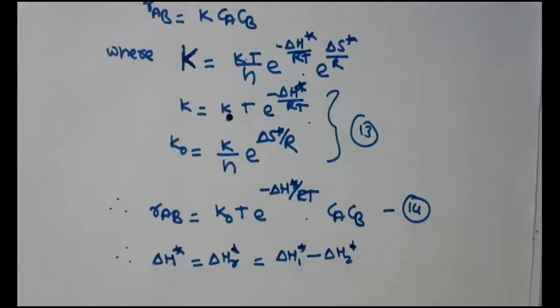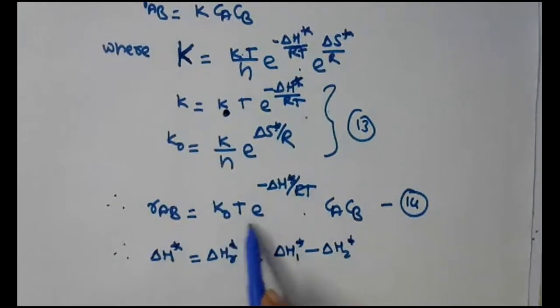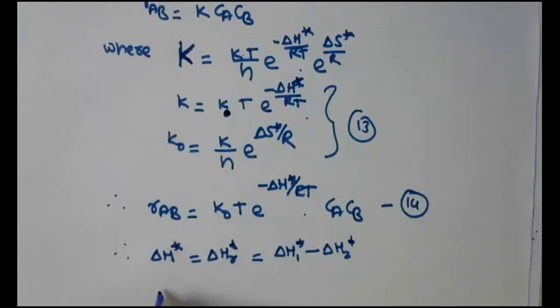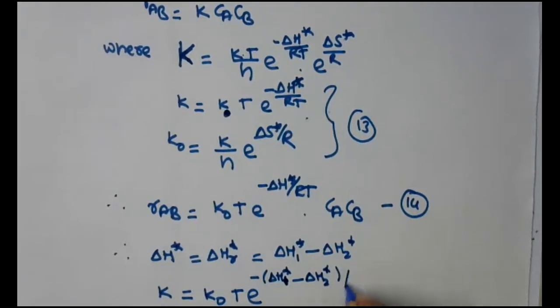So again, before proceeding further, I am writing K as K0, then T e raised to minus, into bracket, H1 star minus delta H2 star, divided by RT.